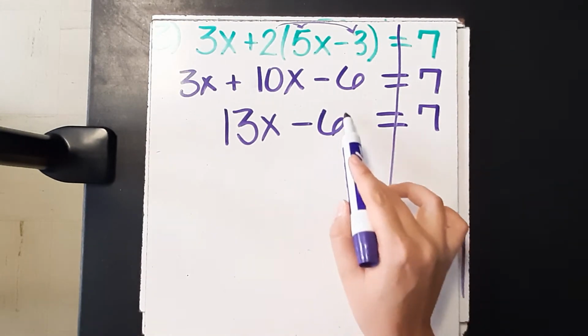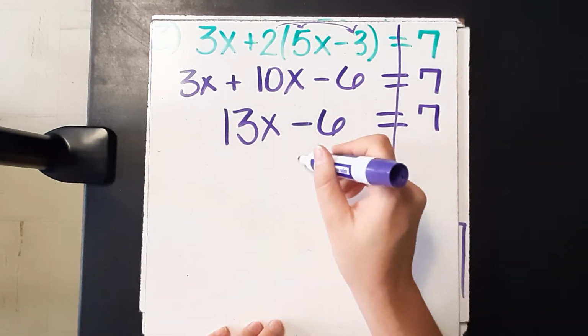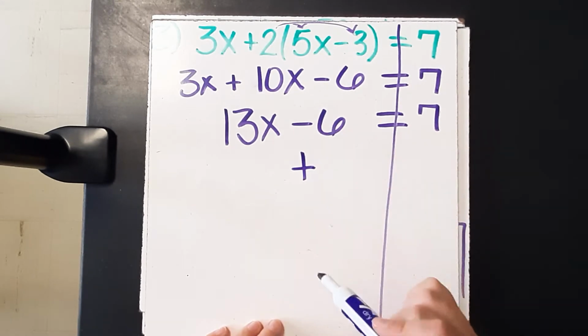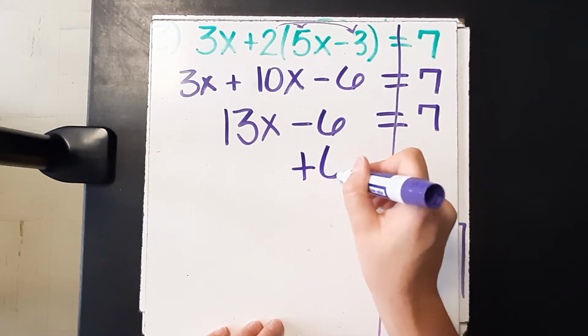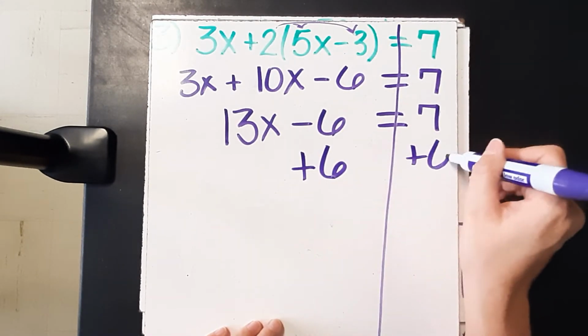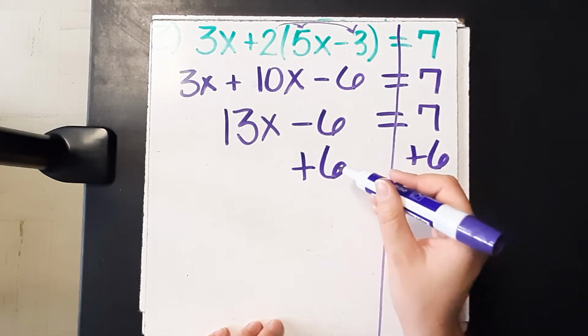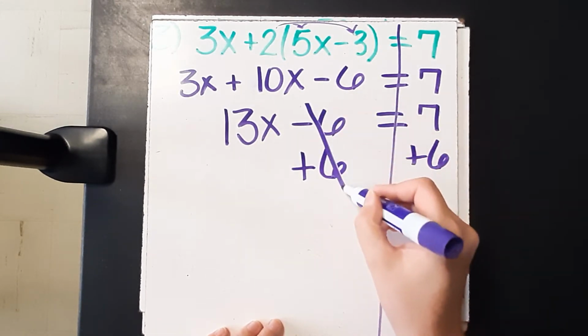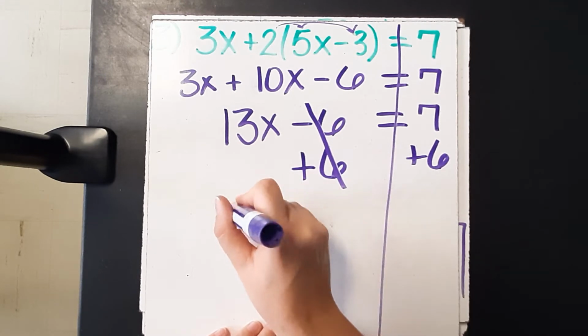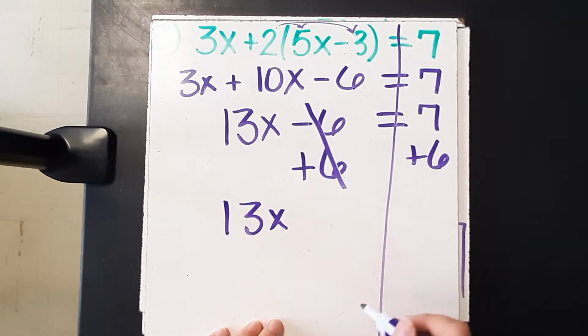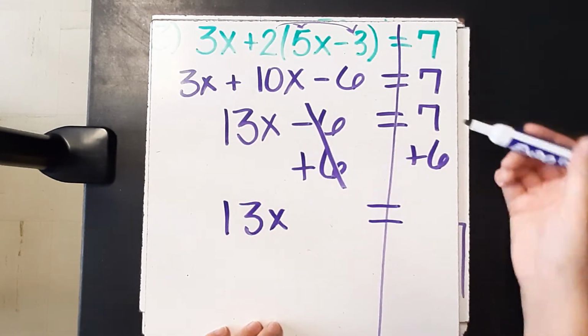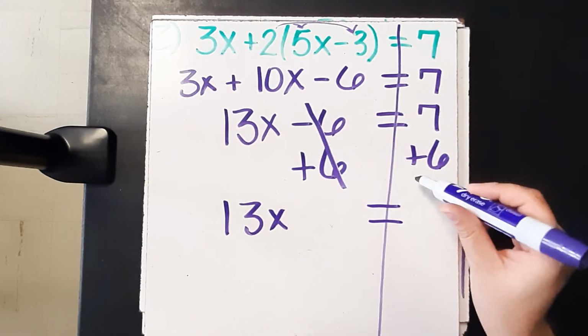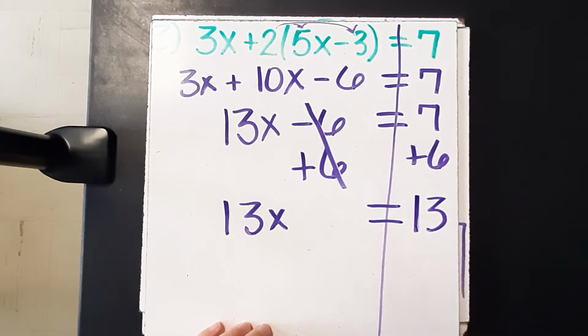I'm going to cancel my subtraction here by adding. Since 6 is being subtracted, we have to add 6 on both sides. On the left side, negative 6 plus 6 cancels. So I have 13x equals, here 7 plus 6 is 13.